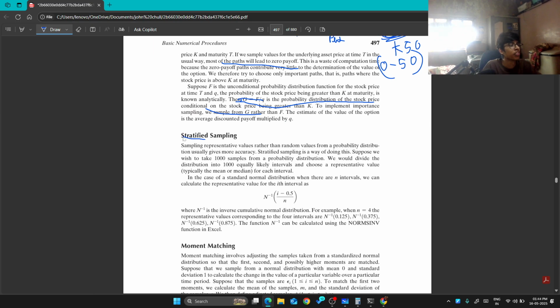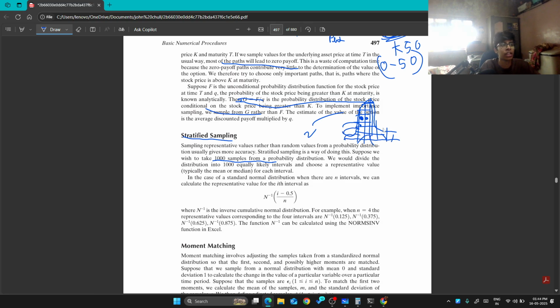So stratified sampling is a type of sampling. Let's say this is our normal distribution, and we divide it into areas and derive the sample from each area, the mean or median of the area.